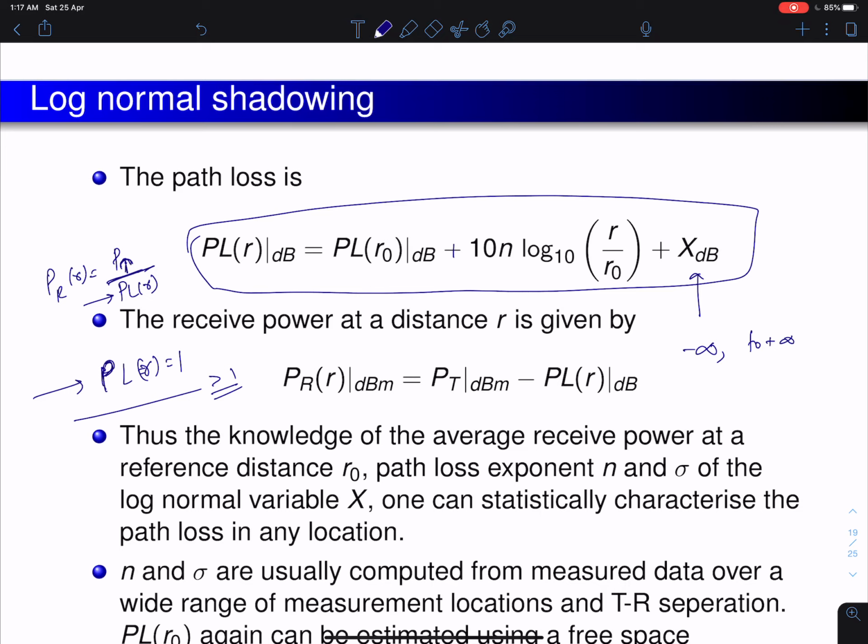If path loss is less than 1, then we are saying there is in fact some gain, maybe you're having some constructive interference and you're getting some gain out of it. Because if your path loss is less than 1, your receive power can be greater than the transmit power.